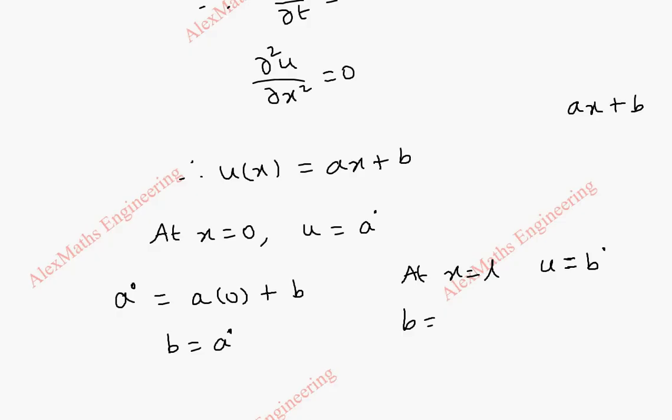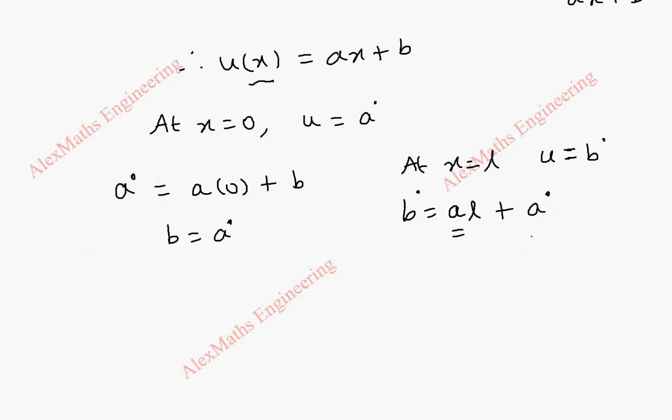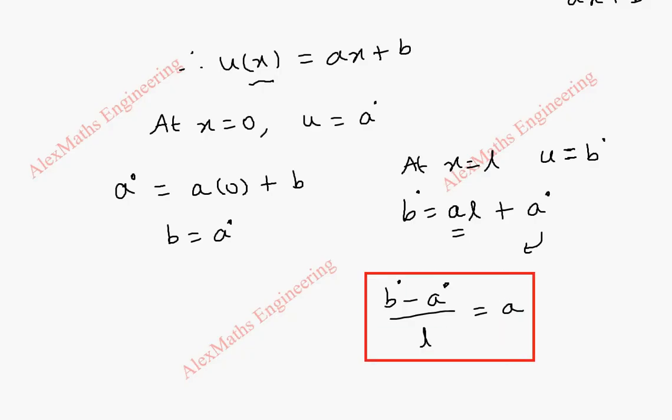So B degree equals A into L plus the constant we just got, which is A degree. From this I can find the value of A: taking it to the other side, B degree minus A degree by L is our A. So we got the constants A and B, and we have to replace both in this to get U of X.